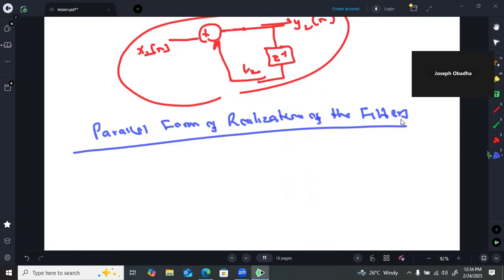So what is the parallel form of realization?